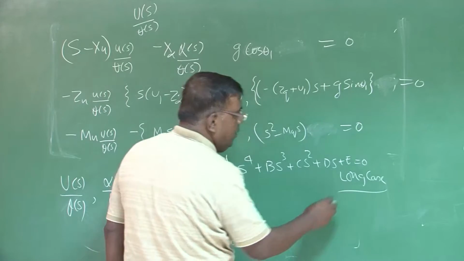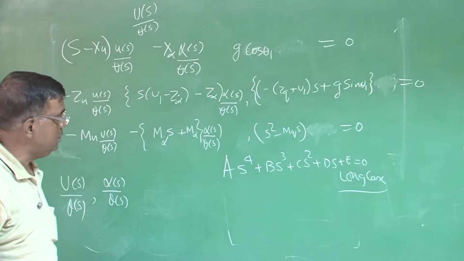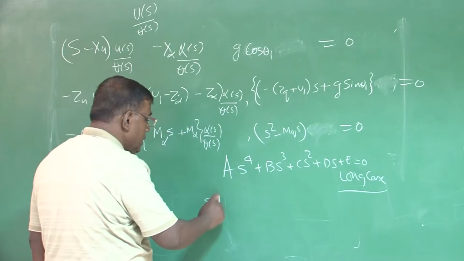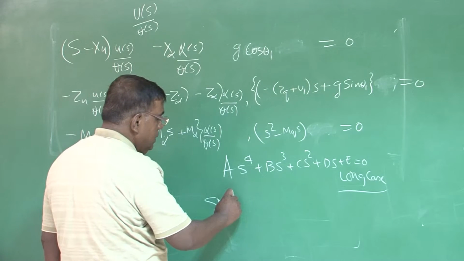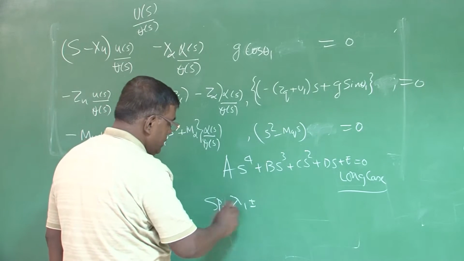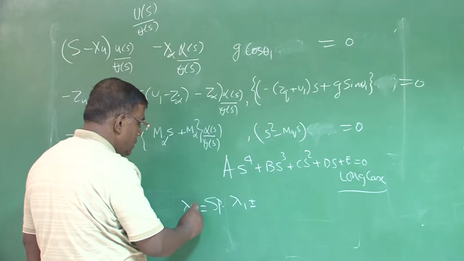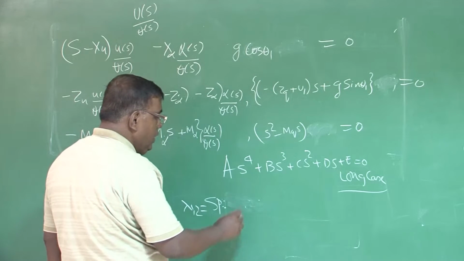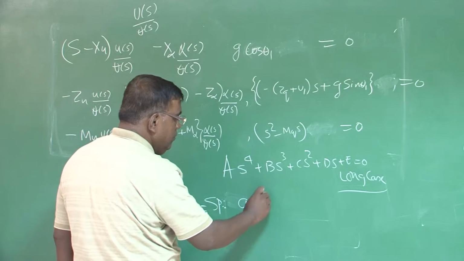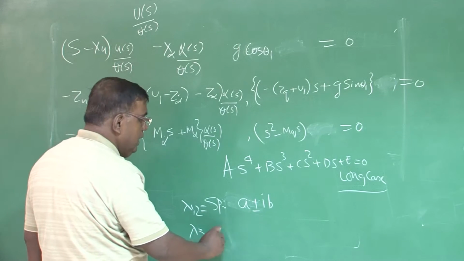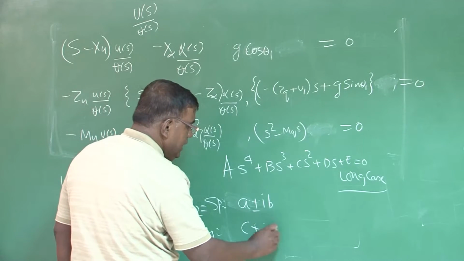It has troubled us so much; it's a huge equation. But we also know that for short period we had lambda 1, 2 as roots, let's say a plus minus ib, and lambda 3, 4 for phugoid, let's say c plus minus id.